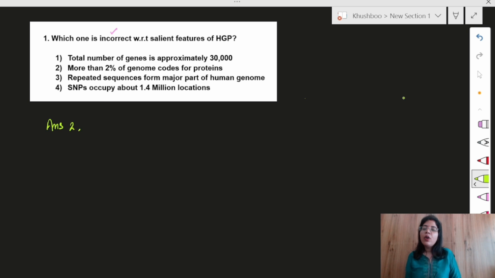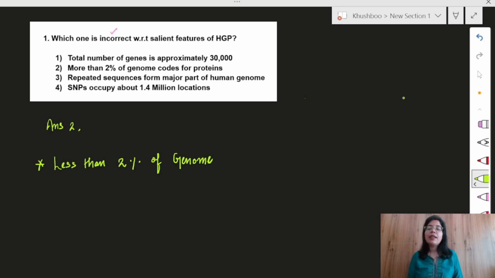Because the statement is wrong, as the correct statement is less than 2% of genome, right? After doing the entire sequencing of our genome, we understood that less than 2% of genome codes for protein.